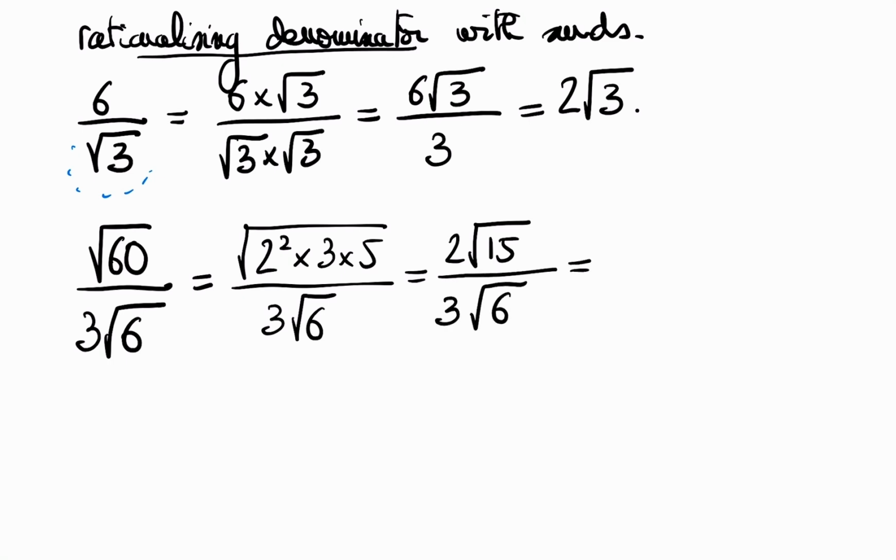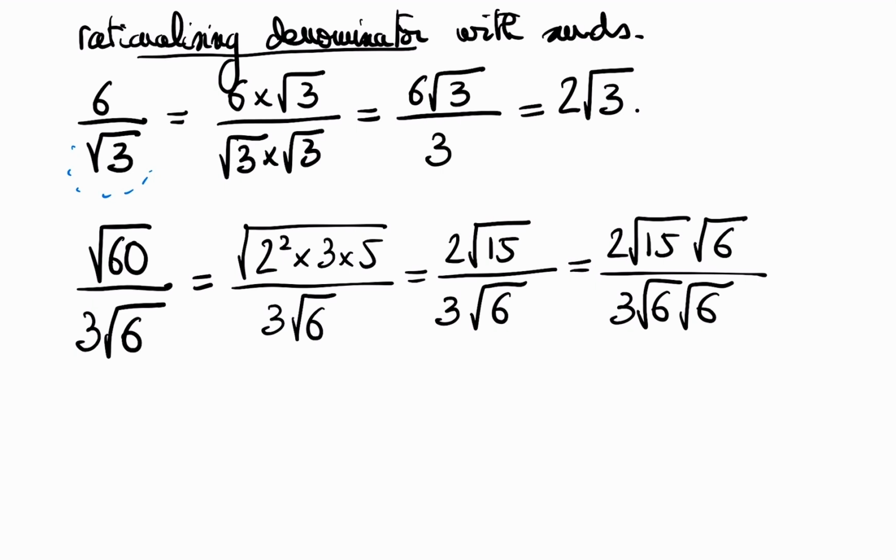I'm going to multiply by root 6 to get rid of the root 6 in the denominator. So it's 2 times root 15 root 6 over 3 times root 6 root 6.